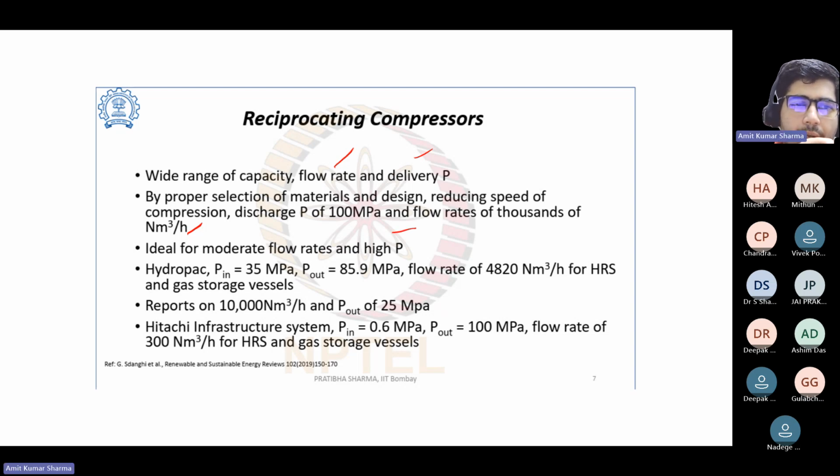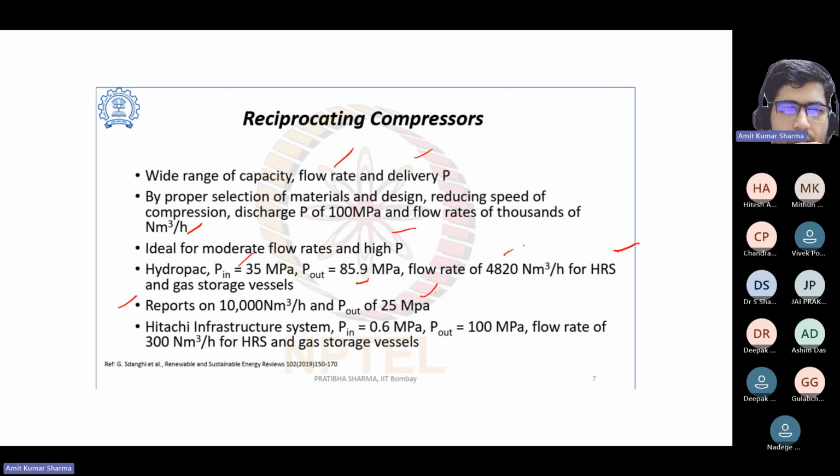So you can see the hydropack: input 35 megapascal, output 85.9 megapascal, flow rate 4820 normal meter cube per hour for the hydrogen refueling station and for gas storage vessels. Also there are some reports of 10,000 normal meter cube per hour and output of 25 megapascal.